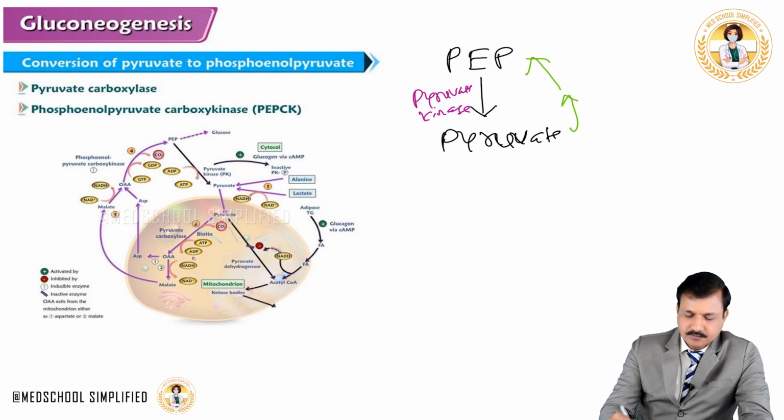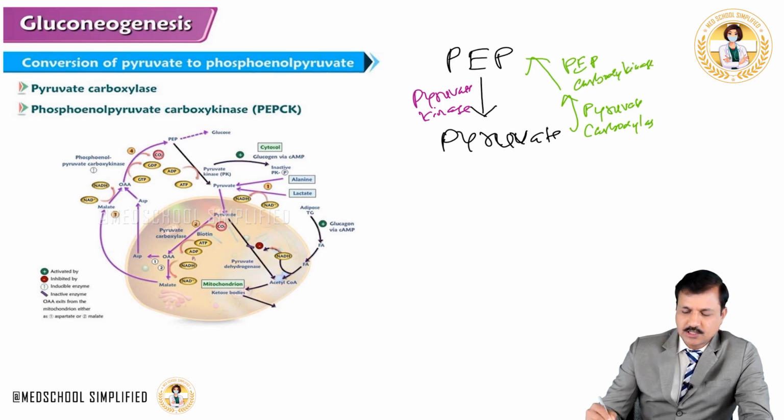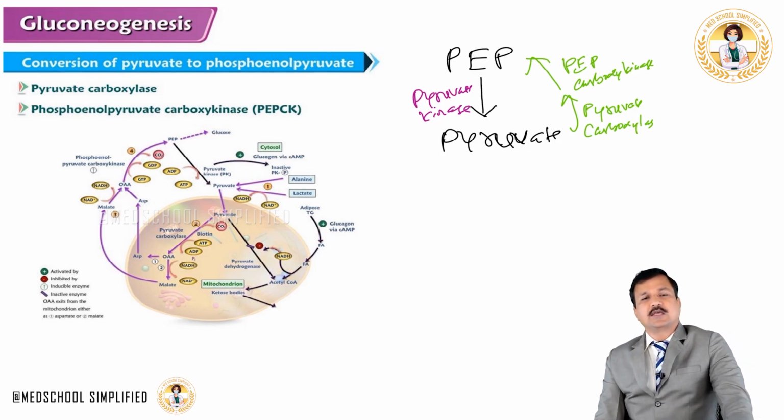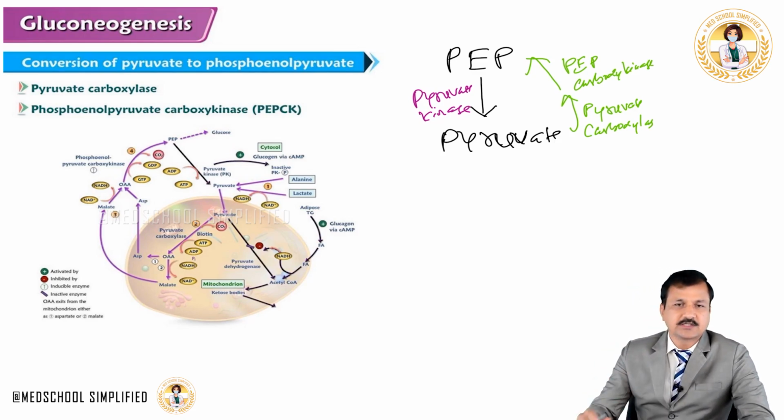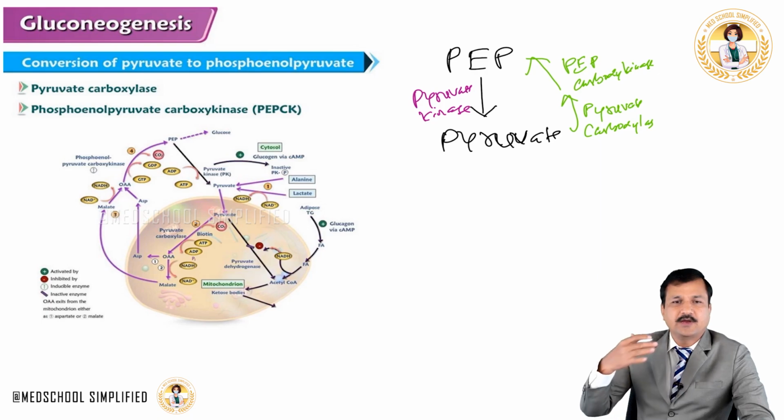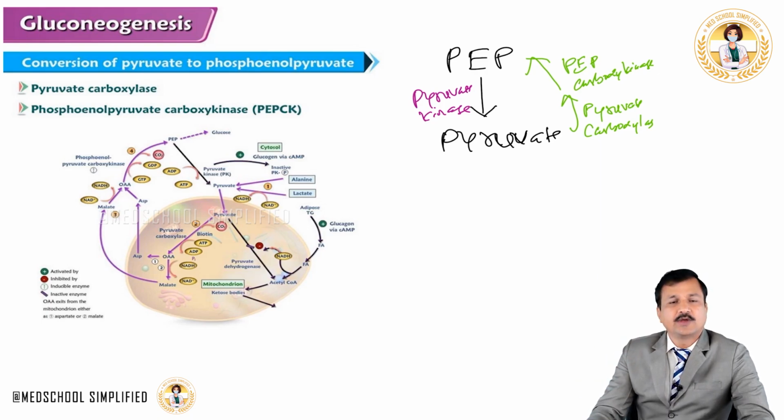One is pyruvate carboxylase, the other is phosphoenolpyruvate carboxykinase. These are the two corresponding enzymes for the pyruvate kinase reaction to reverse it back into phosphoenolpyruvate. So pyruvate back into phosphoenolpyruvate, we need two enzymes.